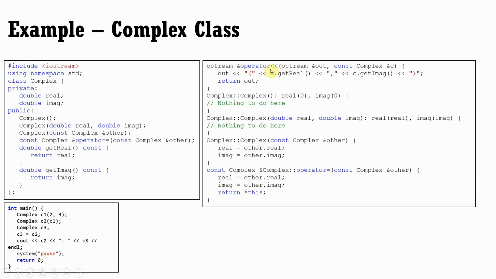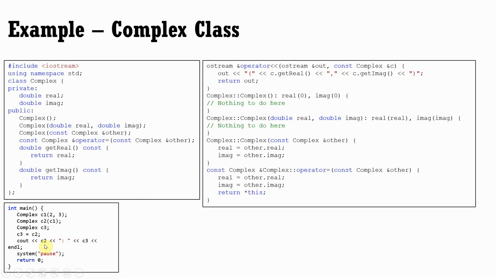I also wanted to remind you that we can overload the insertion operator. Here, this is done to be able to do this line, cout C1, C2, and C3. If we didn't have this function, this line would give us an error, because this is not defined for the compiler.